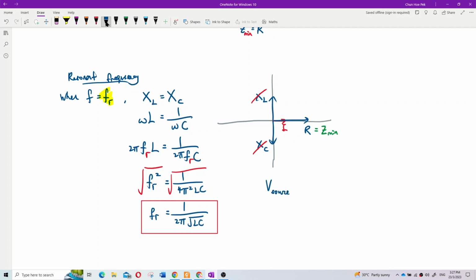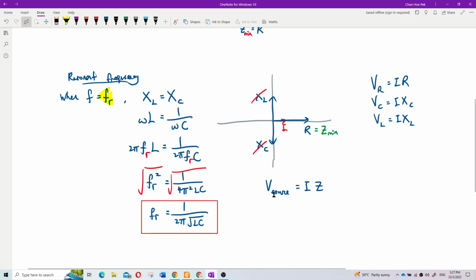V source equals I Z, isn't it, class? Because we have VR equal to IR, we have VC equal to I XC, we have VL equal to I XL. So V source equals I Z, because impedance corresponds to V source, just as XL corresponds to VL.